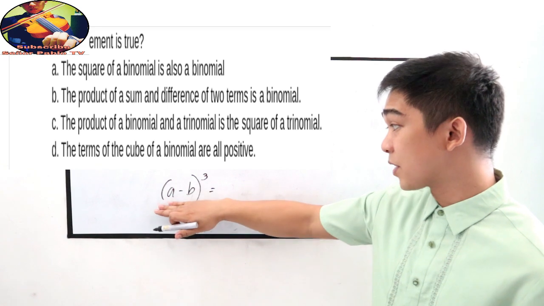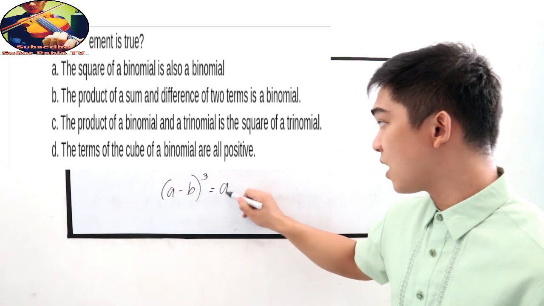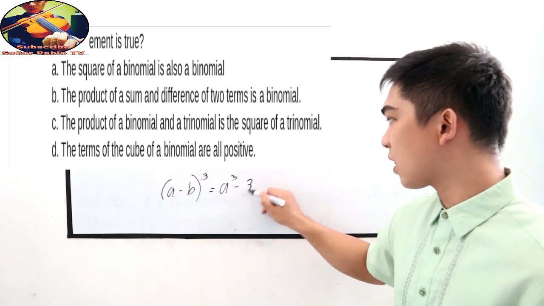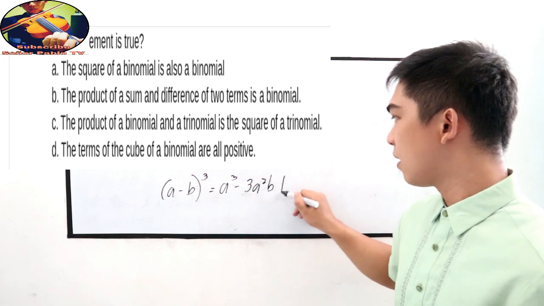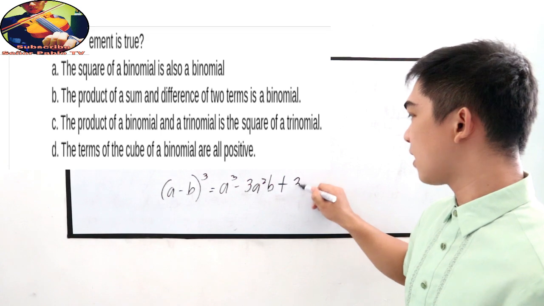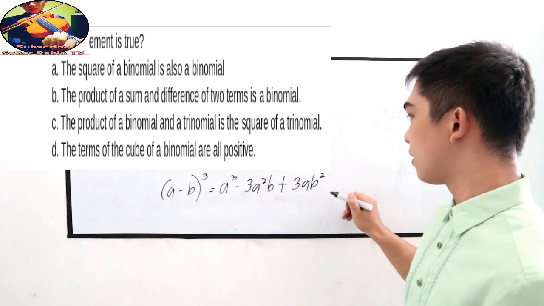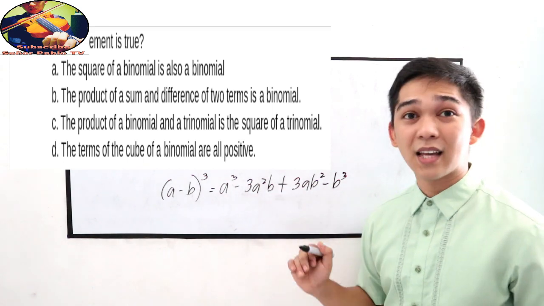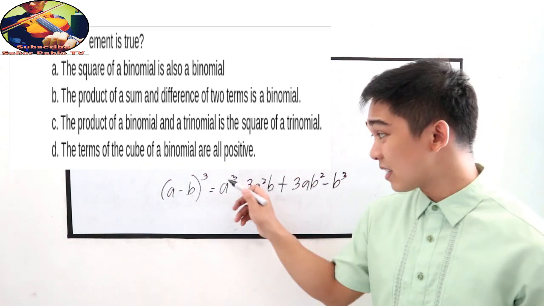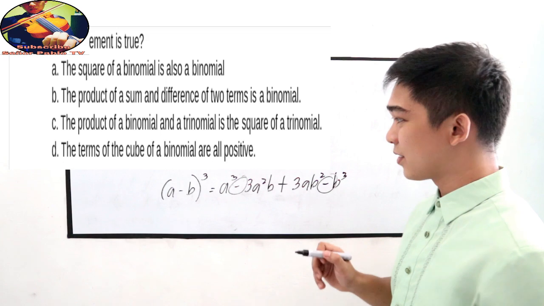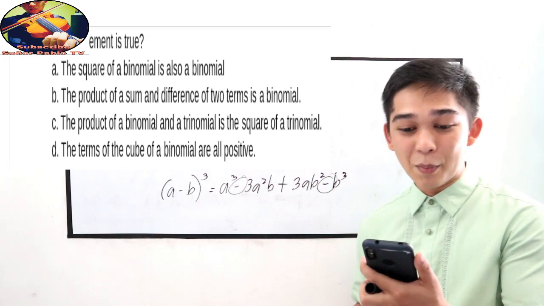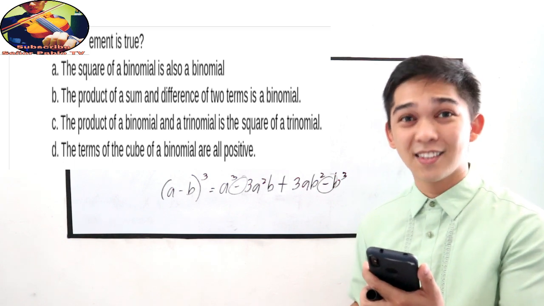Di ba, kapag sa special product natin, that is A cube minus 3A squared B plus 3AB squared minus B cube. Yan. So, meron tayong negative. Hindi lahat sa positive. So, mali din si D. O, mali na tayo si A, C, and D.